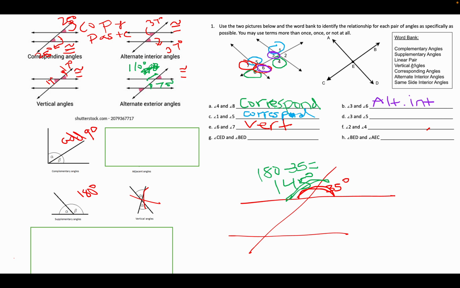Those are same side interior, so they're on the same side and they're inside. I ran out of colors, so you'll have to bear with me with the colors. And then last, 2 and 4. 2 and 4 are supplementary angles or a linear pair.